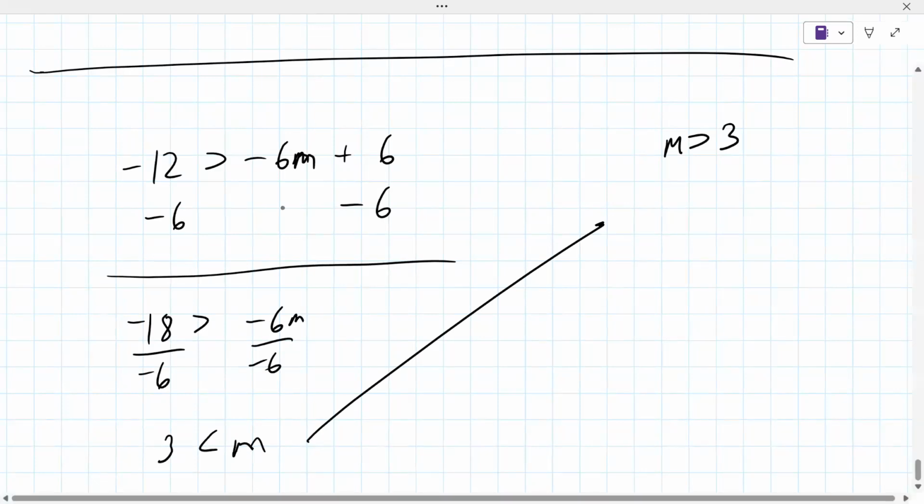Okay, let's try another one here. Okay, give this one a try, please. n is less than or equal to -3/7.